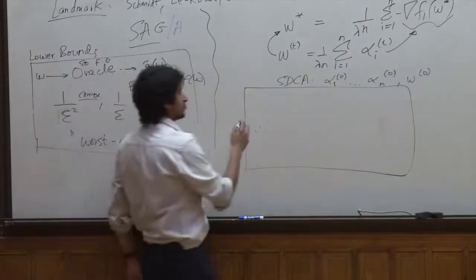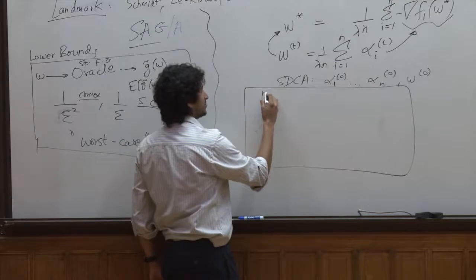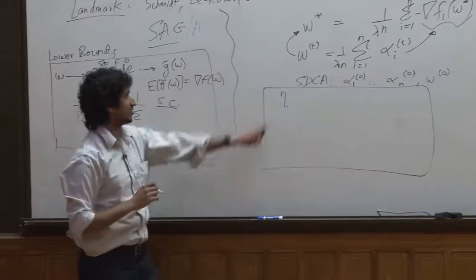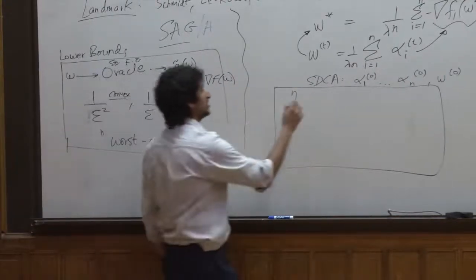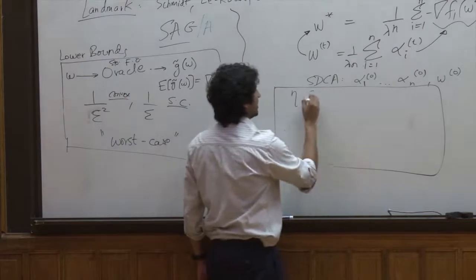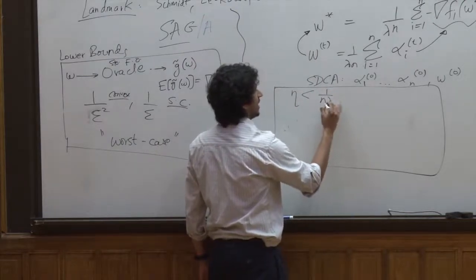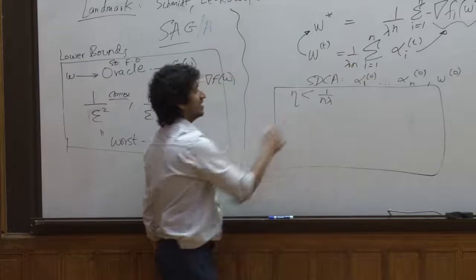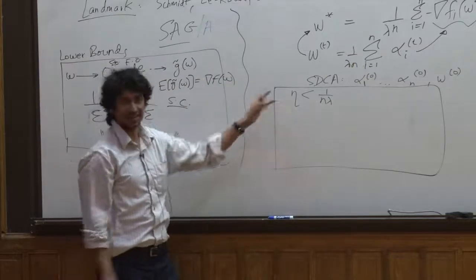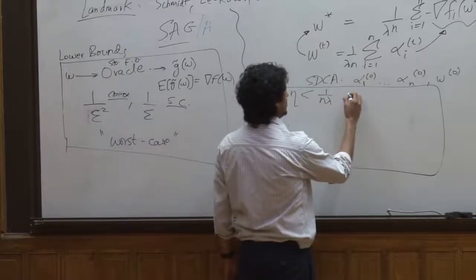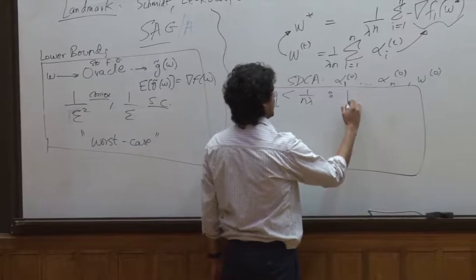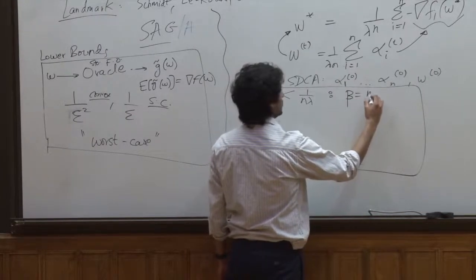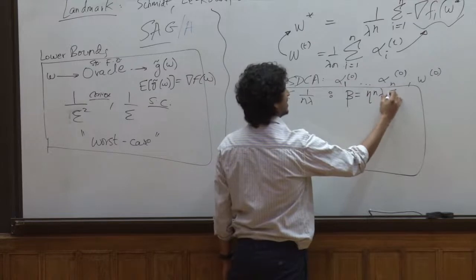And then you have to choose a step size eta, such that eta is less than 1 by n lambda. Maybe a different way of saying that is that beta, which is equal to eta n lambda, is less than 1.